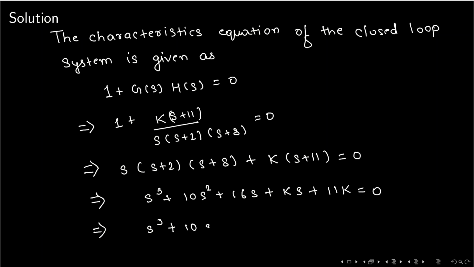Rearranging, we get s cube plus 10s square plus (16 plus k)s plus 11k equal to 0. Now we will try to find the corresponding Routh array.